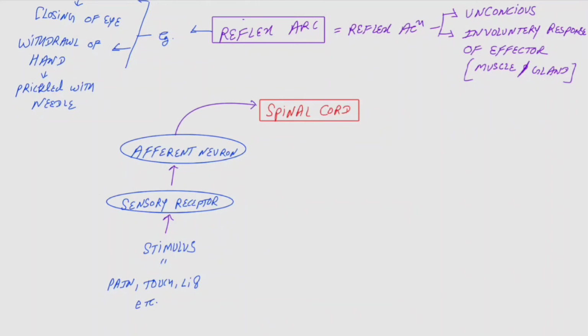Spinal cord. Now, the spinal cord relays the message to the efferent neuron. And what is the meaning of afferent neuron and efferent neuron? We discussed all in earlier lectures. The efferent neuron transfers the message to the effector organ.